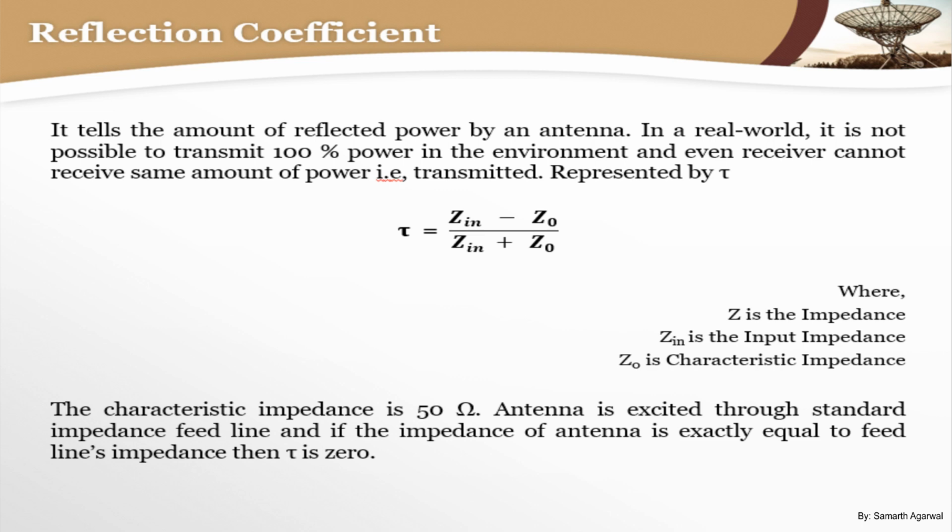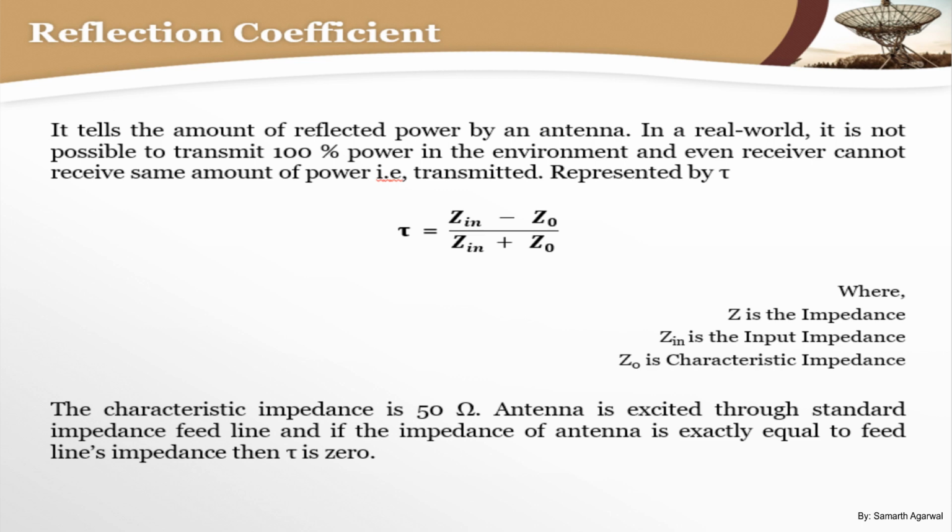At the testing as well, we will have a 50 ohm impedance probe connected to the connector, which is soldered or connected to the antenna, and hence if the 50 ohm matches, it will have very good performance and very good results.